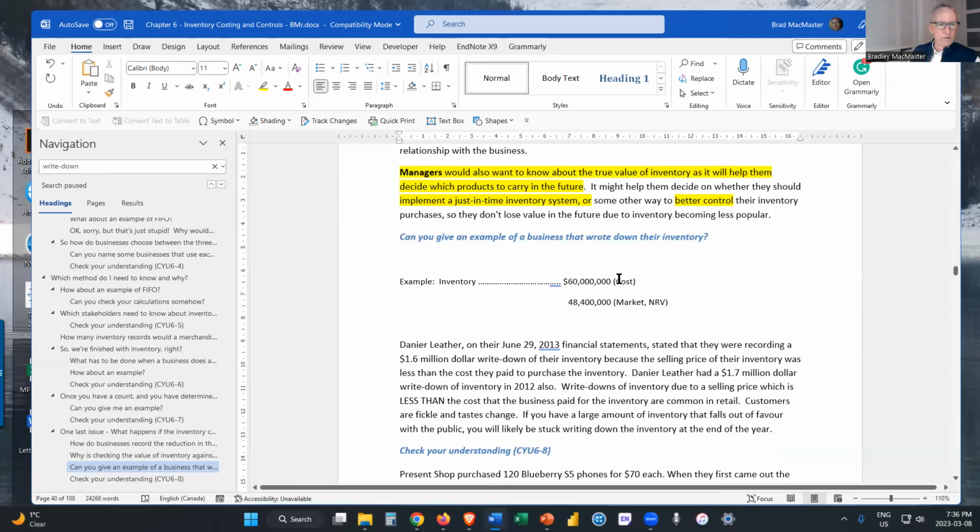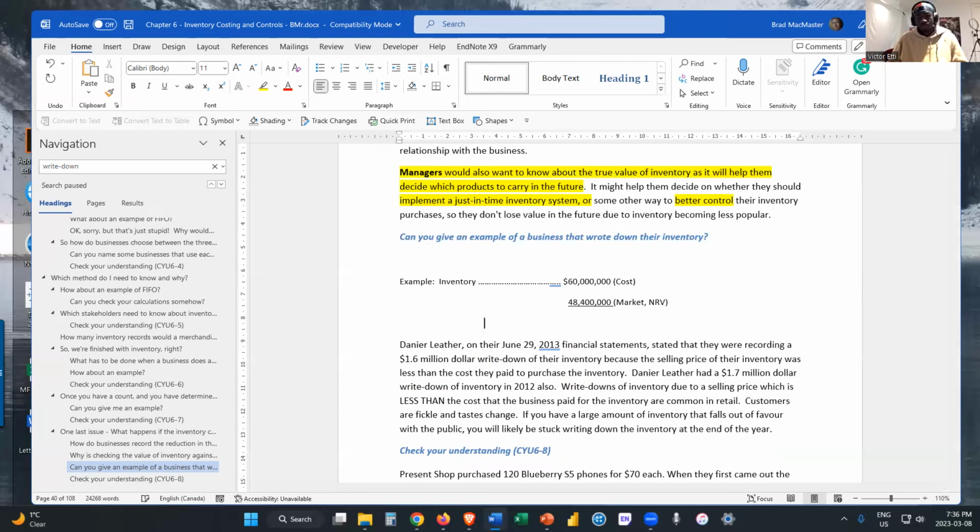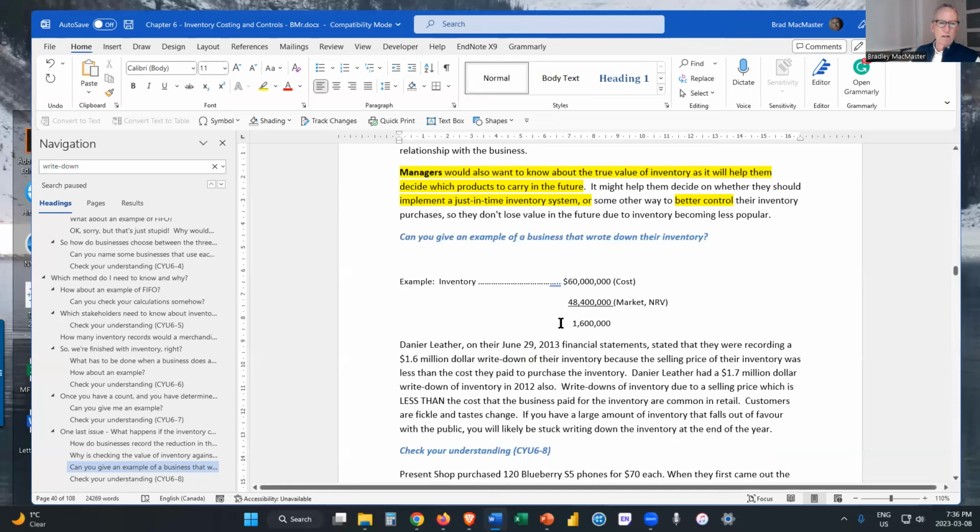And of course, the difference between these two would be $1.6 million, where the market value is less than cost, right? So this amount of 1.6 million, the question is, how you're asking me, how do we account for this?